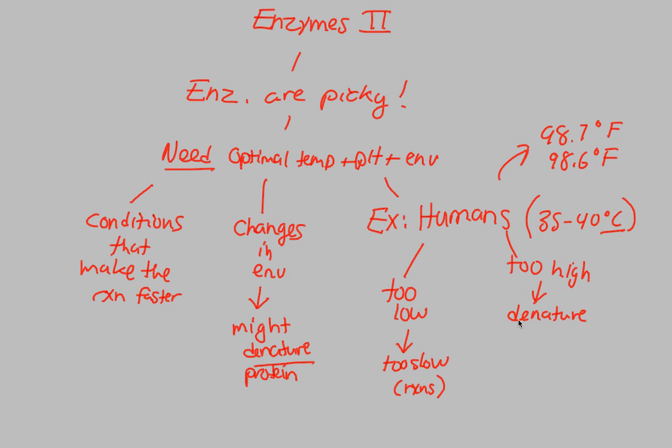Because if our fever is too high for the proteins, if it's maybe 1 degree more, that could be the difference between an enzyme actually doing its job and an enzyme denaturing completely. That's how picky enzymes are, and that's how specific enzymes are, because that's how they function.